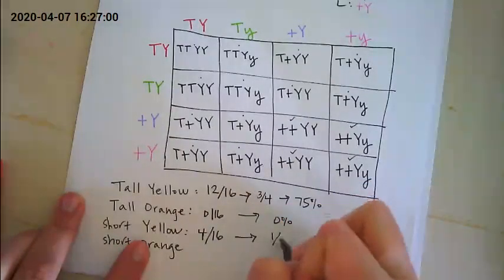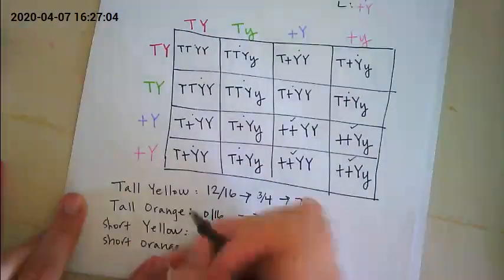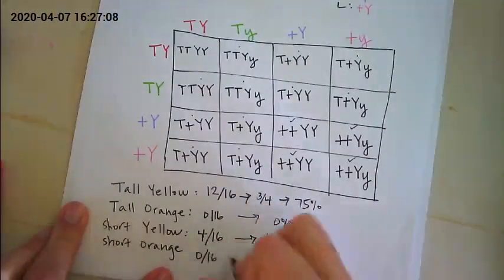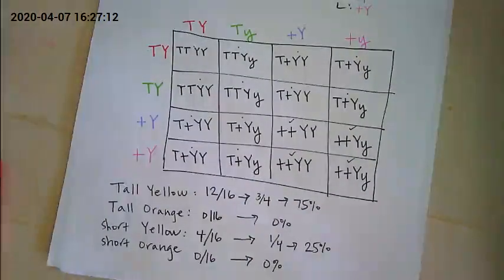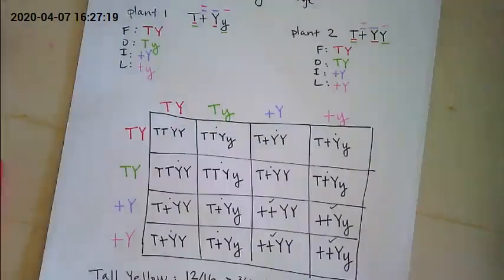So that would be 1/4, which would be 25%. Okay, and then how many short orange? We had 0 out of 16, 0%. We got no orange flowers, but we didn't have any orange to begin with, right? Both of our parent flowers were yellow.